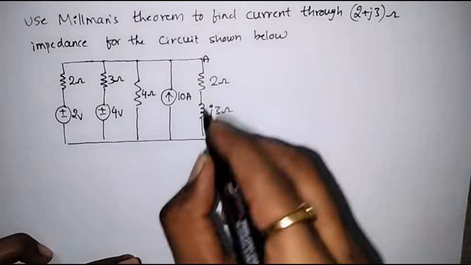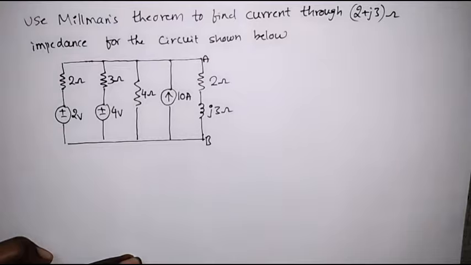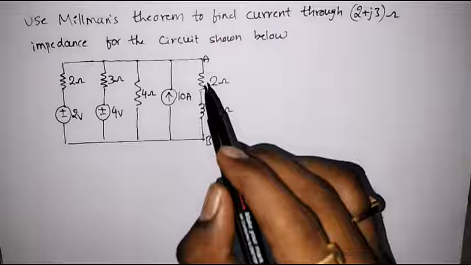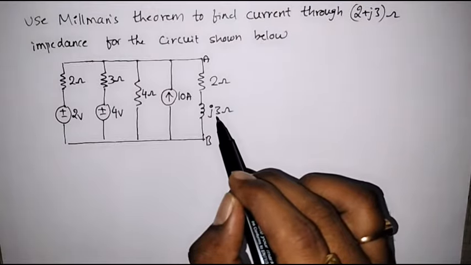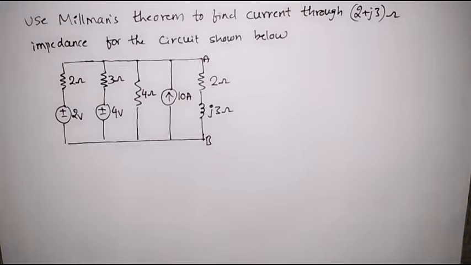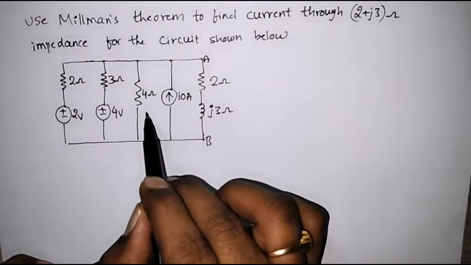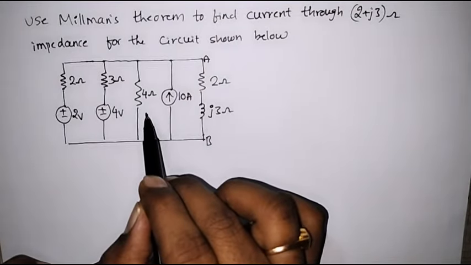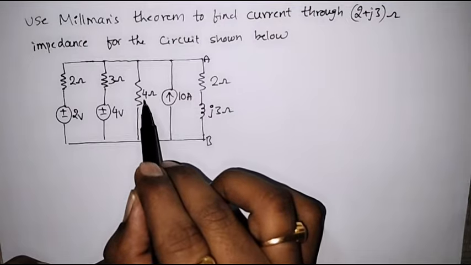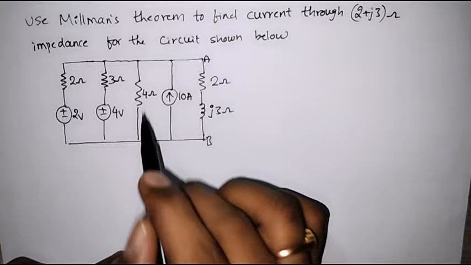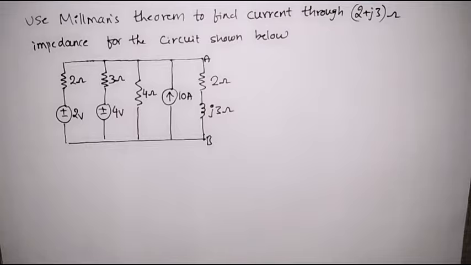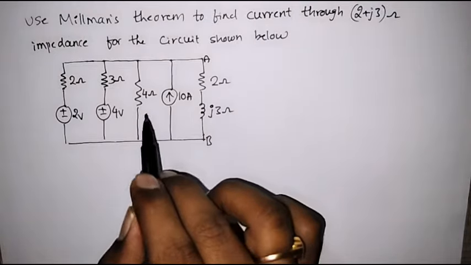Let this be node A and this is B. So at branch AB, a 2 plus J3 ohm resistor is connected. To apply Millman's theorem, first we are supposed to convert this current source into a voltage source, so that the voltage source and this resistor will appear in series.